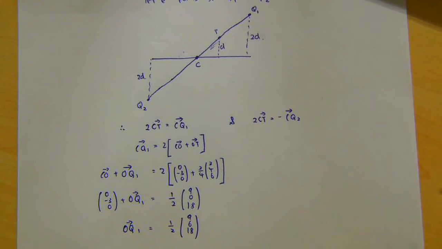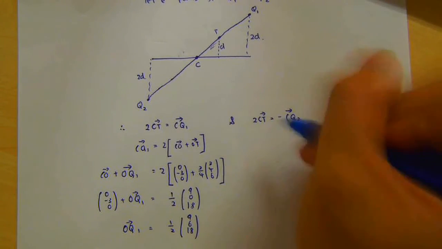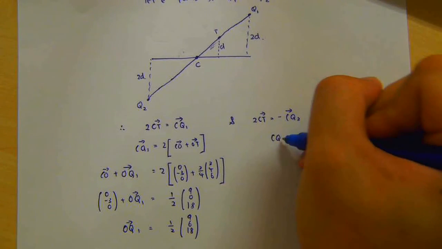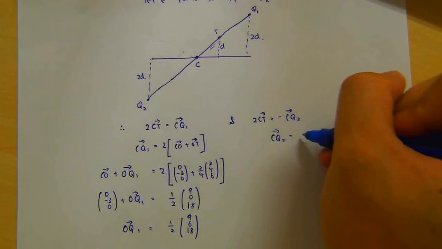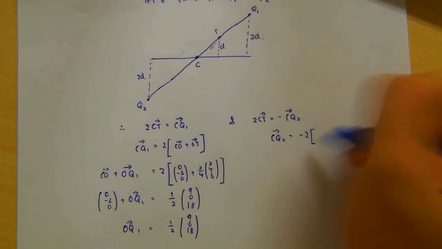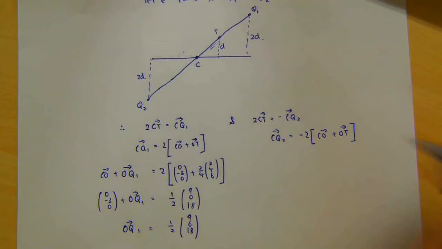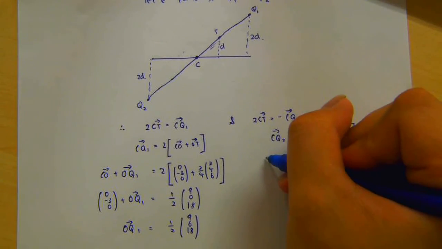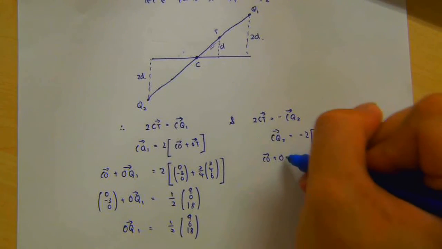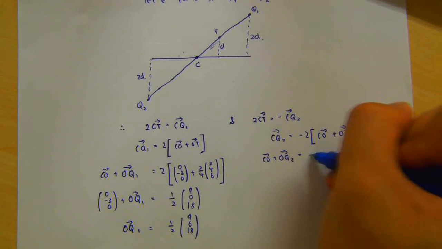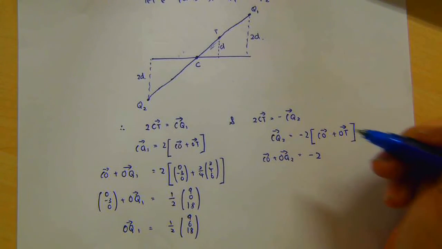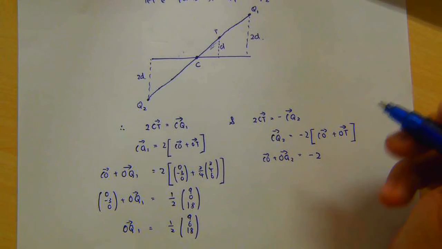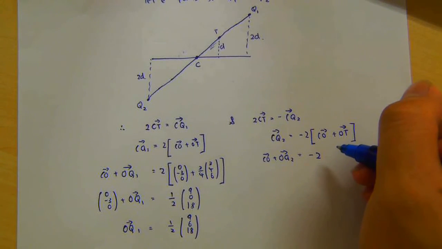So we shall do the same for the other side. CQ2 will be negative 2 times CO plus OT. So re-express CQ2 as CO plus OQ2. Plug in the values for CO and OT.